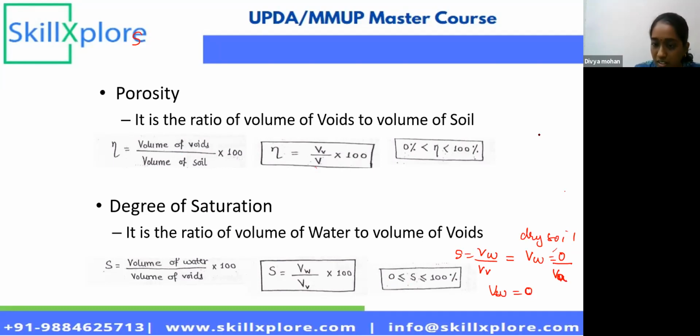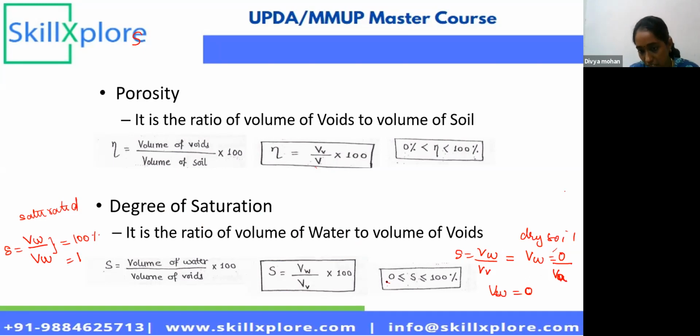And for saturated soil, S is equal to VW by VV, and the void is completely filled by water. So this may reach 100%, or this value is 1. So the degree of saturation can attain the value of 0 and also the value of 100%.